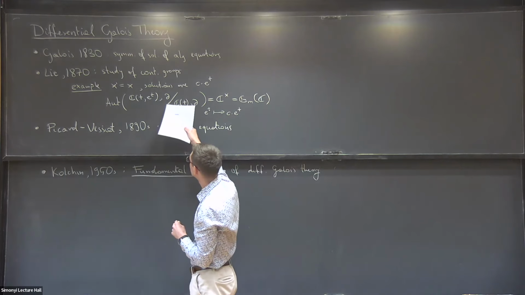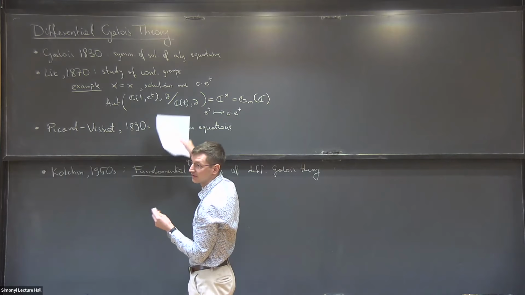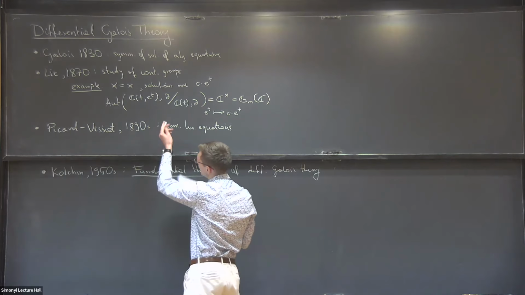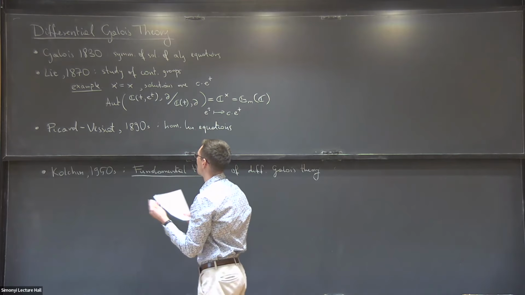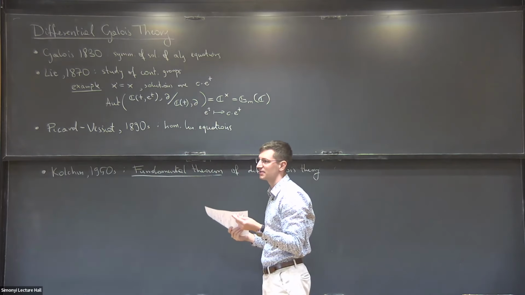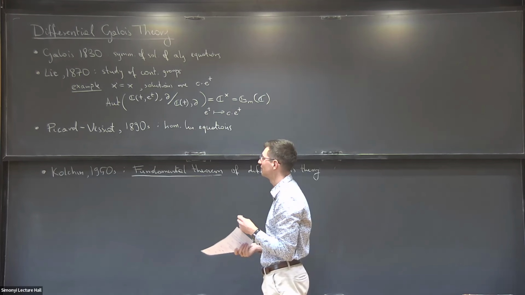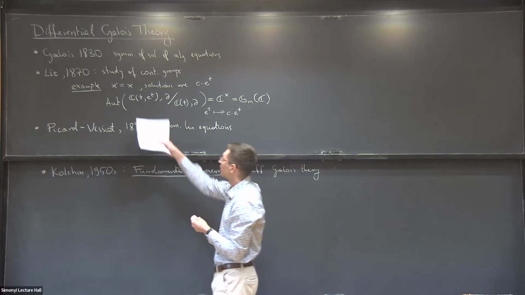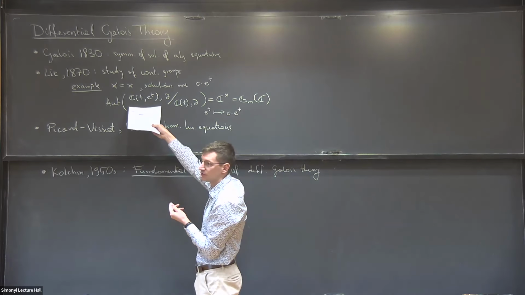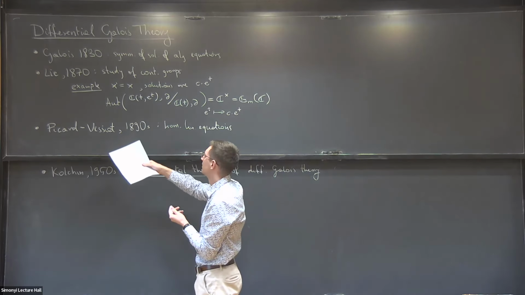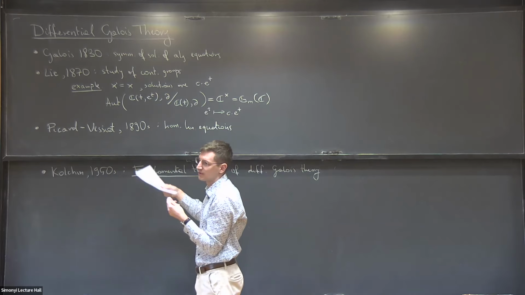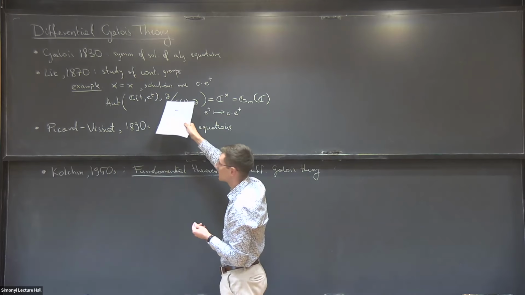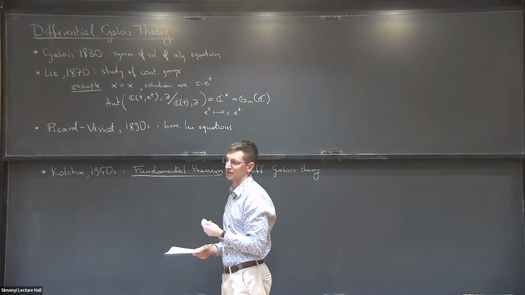And it has an operator, a derivation, an additive homomorphism that satisfies Leibniz's rule with respect to multiplication. And then you can look at field automorphisms of this field.